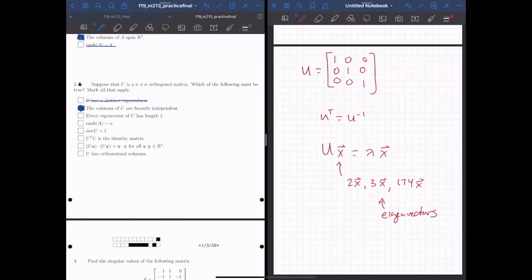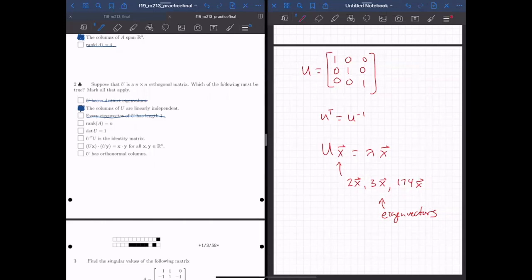Whenever you have an eigenvector, you can scale it by any constant you want as long as it's not 0, and you end up with another eigenvector. So maybe you start off with an eigenvector of length 1, but you could always double its length and it would still be an eigenvector. So this one's definitely false. Everyone okay on that?